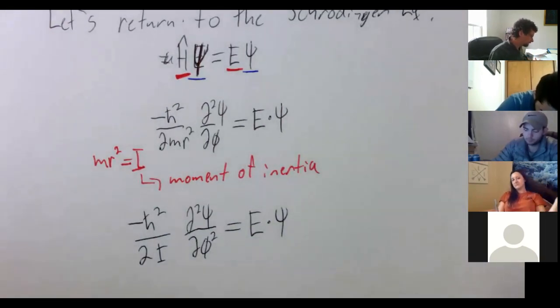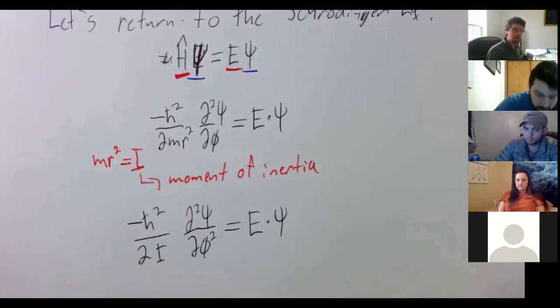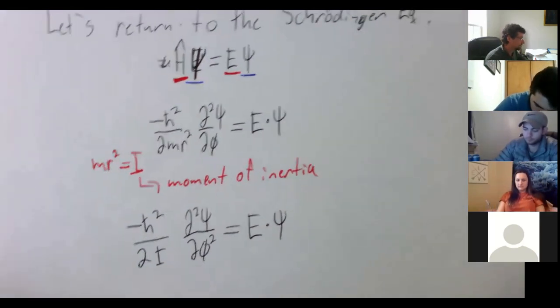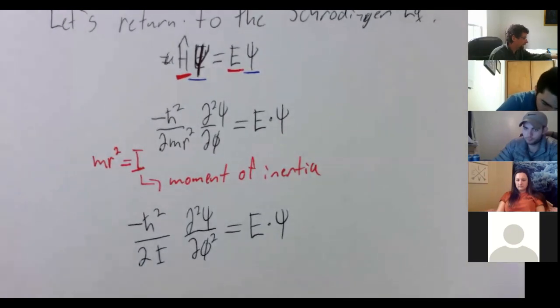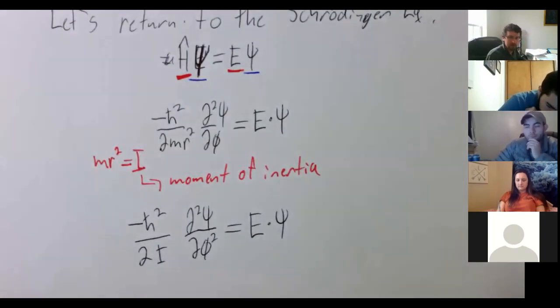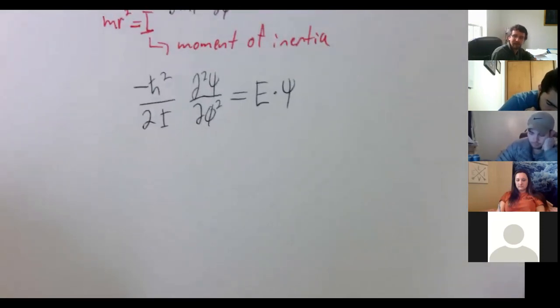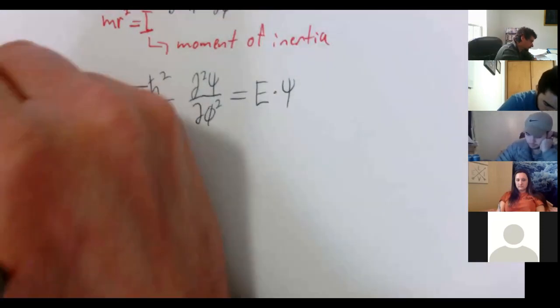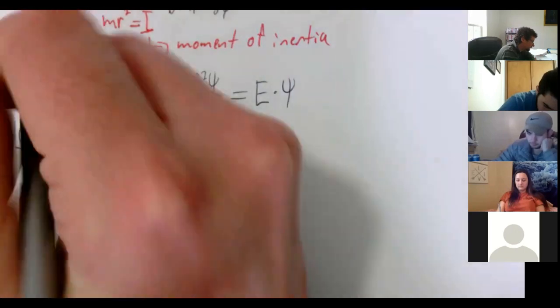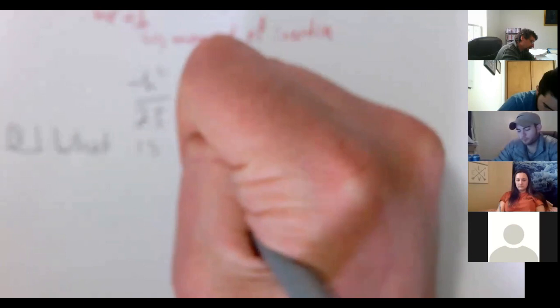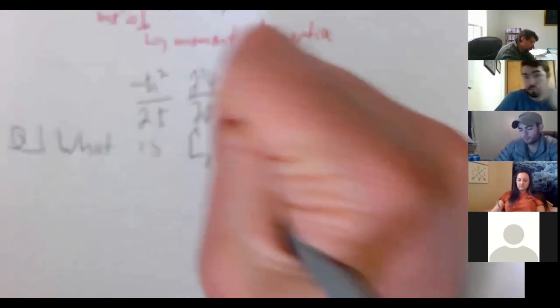Okay, now we're going to ask another question. It might not seem like it's going to lead us anywhere, but I promise you it will. What is L_z hat squared?